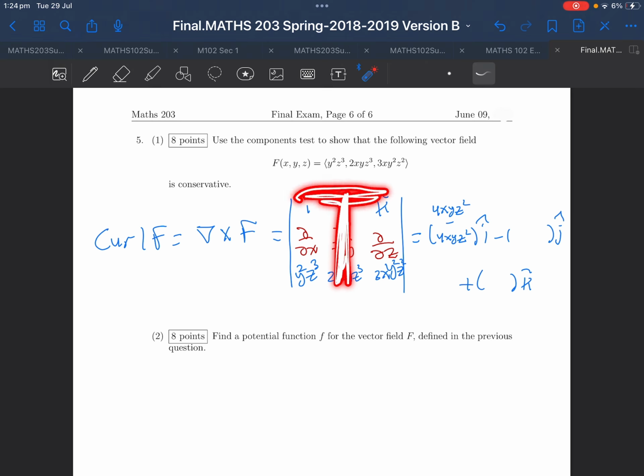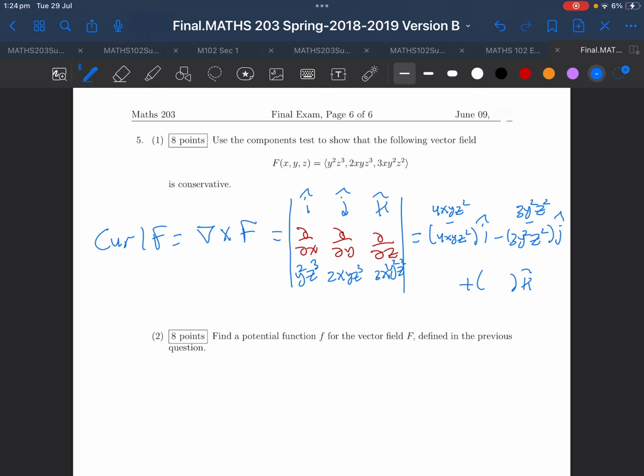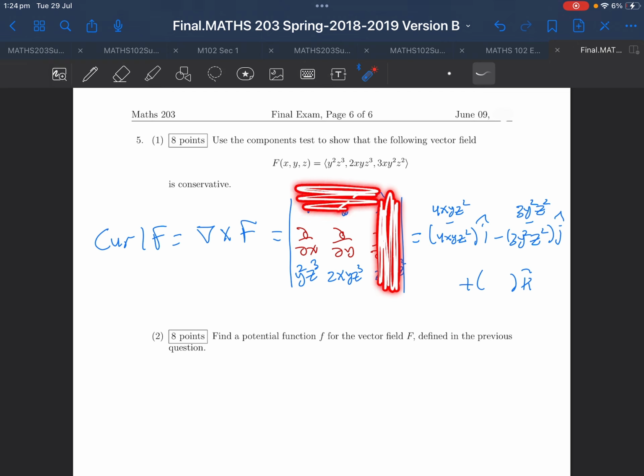Next one, delete the column of j, the row of j, and do the cross. If we do that, it will be 3y squared z squared minus, if we do this one, again 3y squared z squared. Finally, we go to the one with the k and the row of the k.